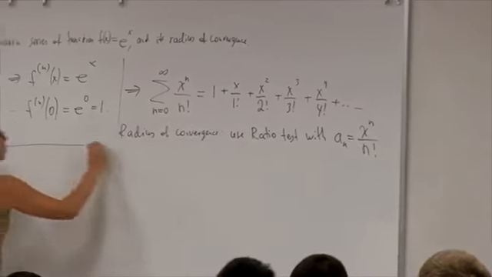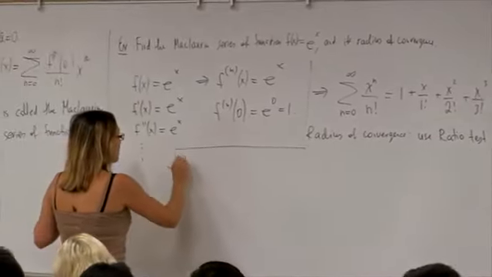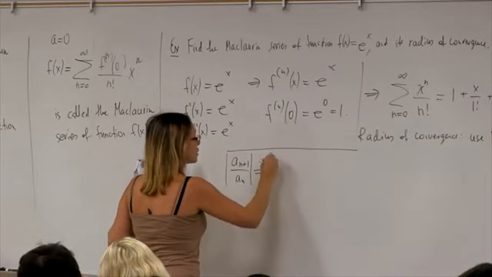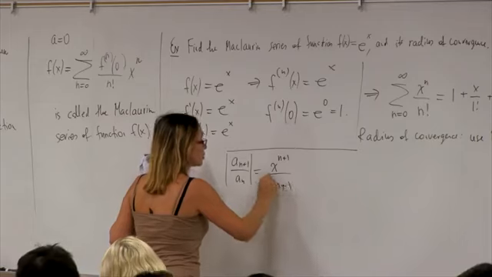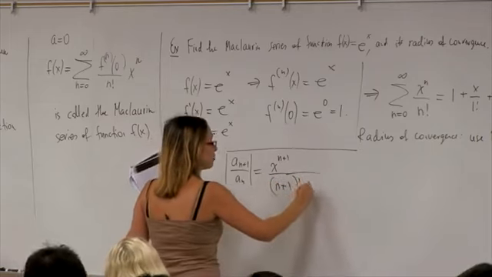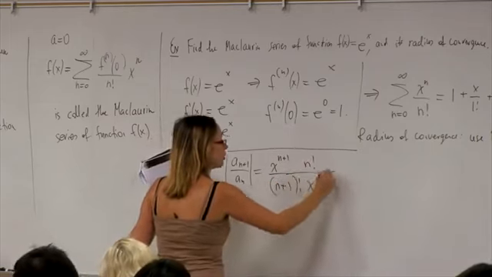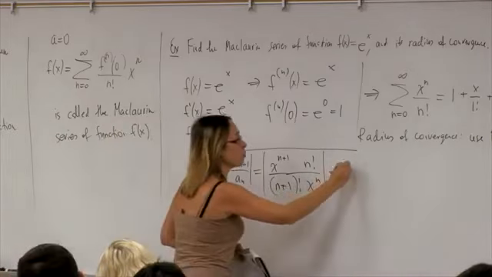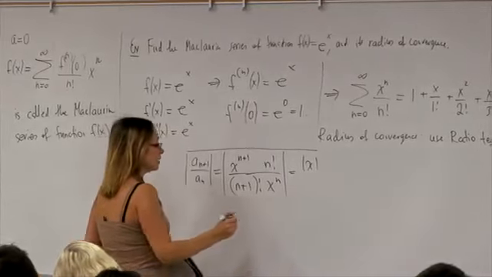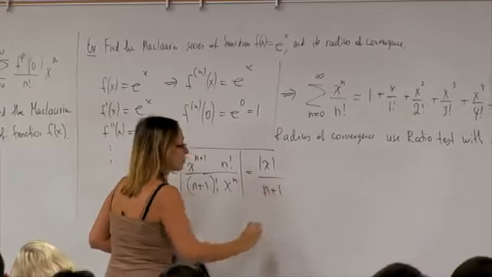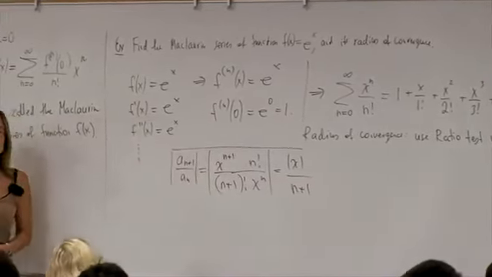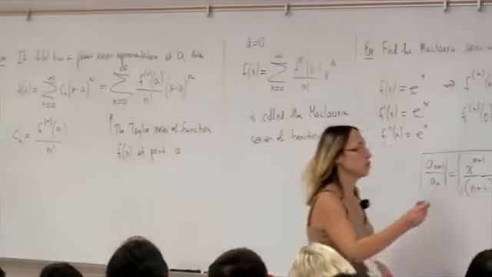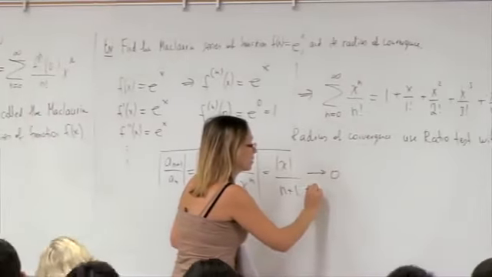So we have an plus 1 over an is x to the n plus 1 over n plus 1 factorial divided by x to the n over n factorial, like this. So x to the n cancels. I have 1 x here, and I have n plus 1. What happens to this when n goes to infinity for any fixed x? Goes to 0 as n goes to infinity.